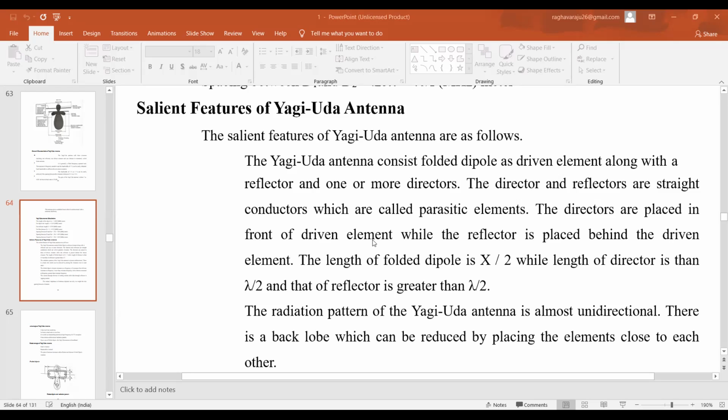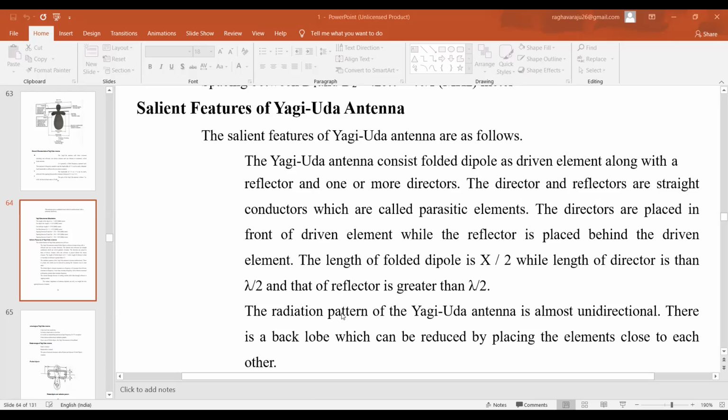So these are the salient features of the Yagi antenna. It basically consists of a folded dipole driven element along with a reflector and more directors. The directors and the reflectors are straight conductors, which are called parasitic elements.